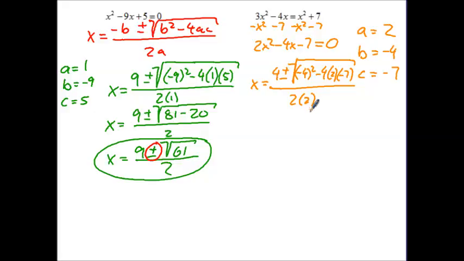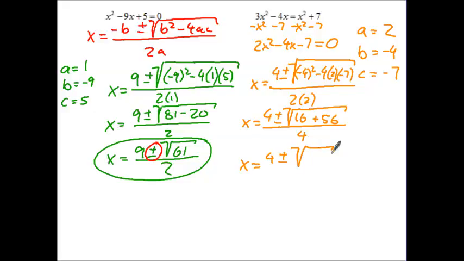Let's continue simplifying. x is equal to 4 plus or minus the square root of 16 minus 4 times 2 times negative 7. That makes it a positive number, positive 56, all over 4. x is equal to 4 plus or minus the square root of 72 over 4.